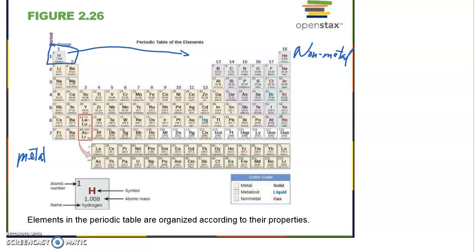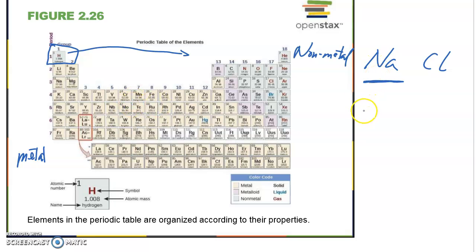Let's look at examples. For example, Na, that is sodium, and Cl, that is chlorine. When sodium is mixed with chlorine, it forms sodium chloride. There is a special way of naming these binary ionic compounds. For the first one, we just have to name the element.